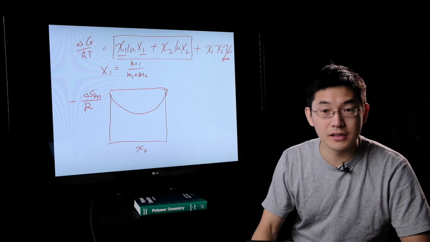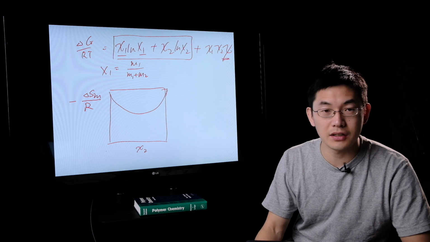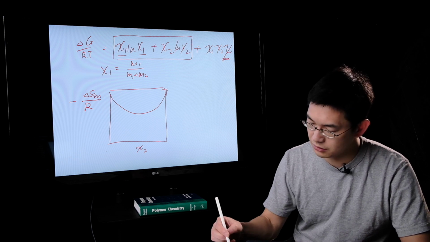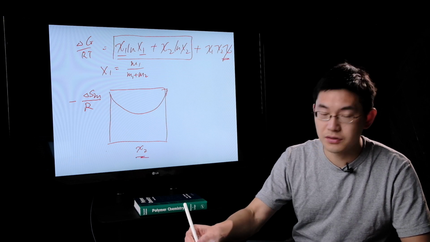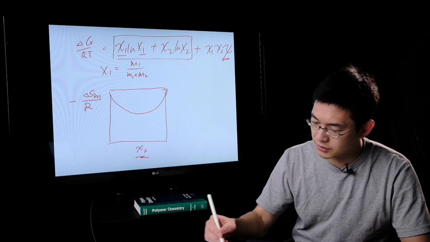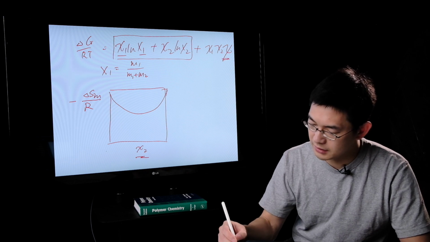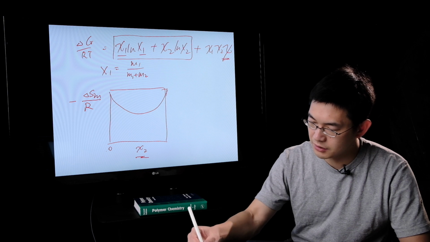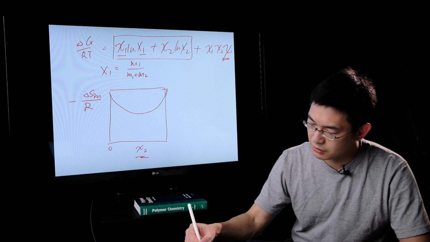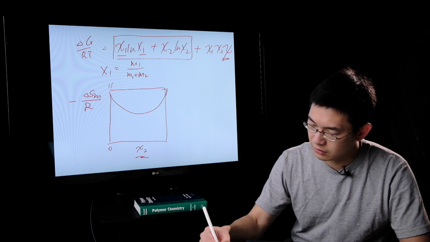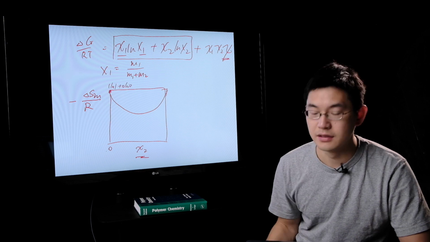But this basically says if you calculate delta S with respect to x2, you can use the equation and do it. If you assume x2 is going to be 0, then you have x1 equal to 1 and ln 1 plus 0 ln 0, and this is going to be 0.